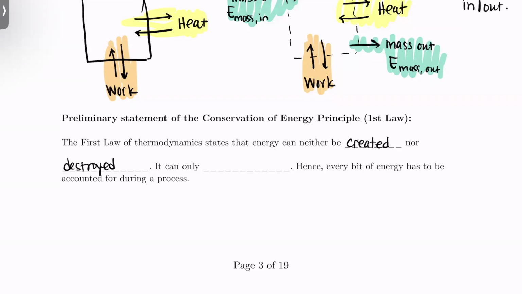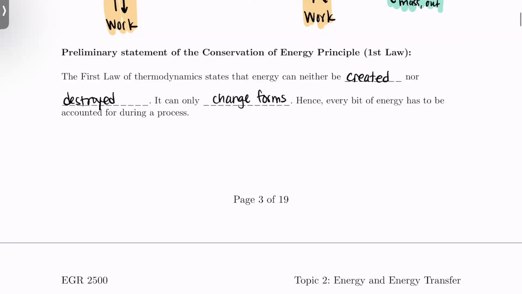It can only change forms, meaning it can go from one type of energy to another. So you can transfer from potential energy to kinetic energy, but the total amount of energy that you have must stay the same. All right. So that means that every single bit of energy in our system has to be accounted for during a process.